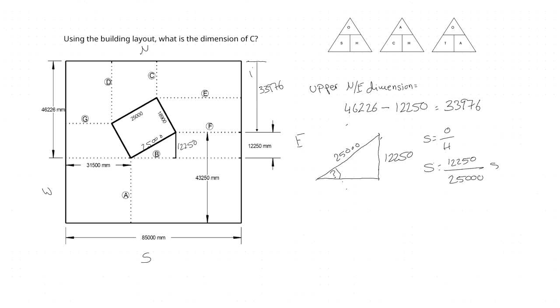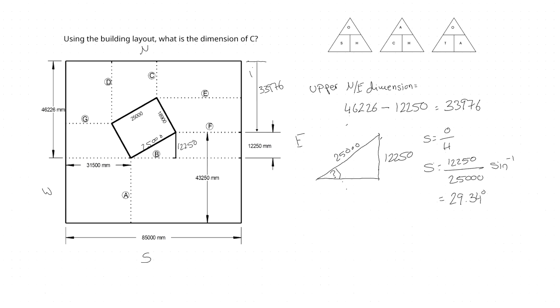And I just like to write it like this to remind myself. So let's punch that into the calculator. 12,250 divided by 25,000. Second function, sine, gets us 29.34 degrees. Perfect.